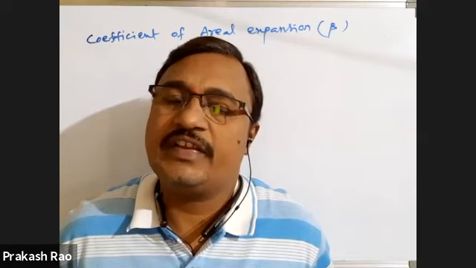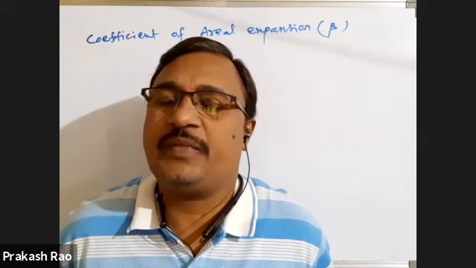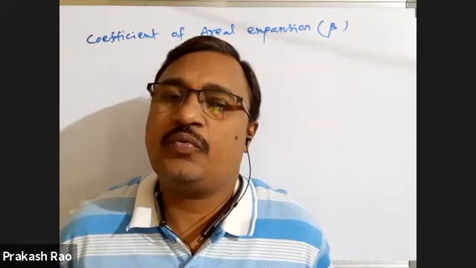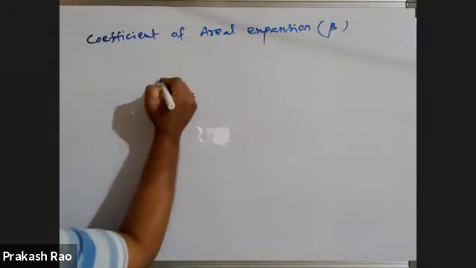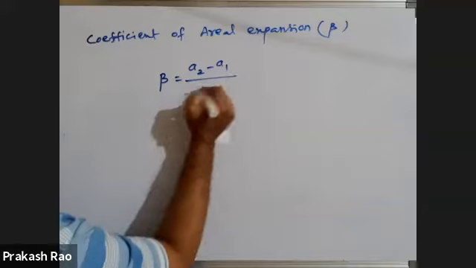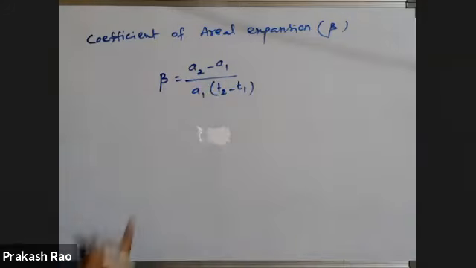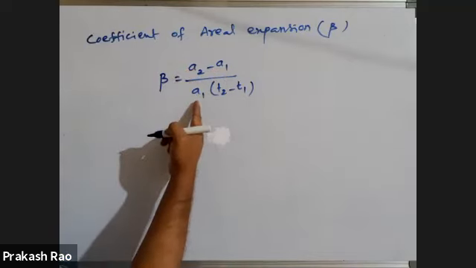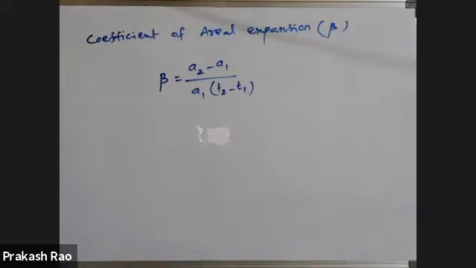The ratio of increase in area, or change in area, for 1 degree centigrade rise of temperature to its original area is called the coefficient of areal expansion, and it is denoted with the letter beta. Beta is equal to (A2 minus A1) by A1 of (T2 minus T1). A1 is initial area, A2 final area, T1 initial temperature, T2 final temperature. This is the coefficient of areal expansion.